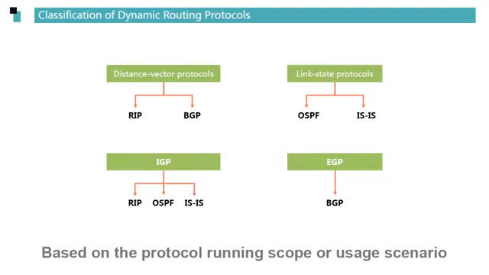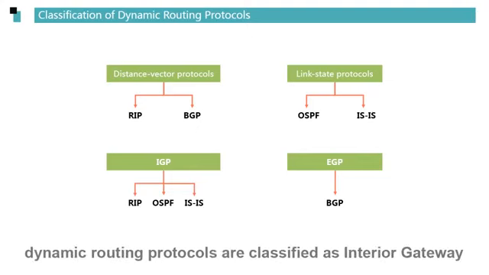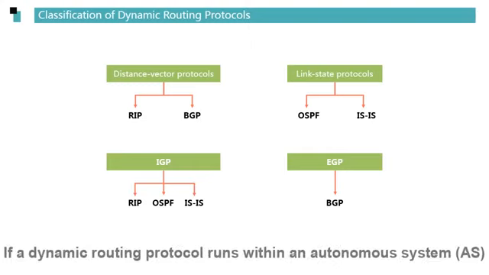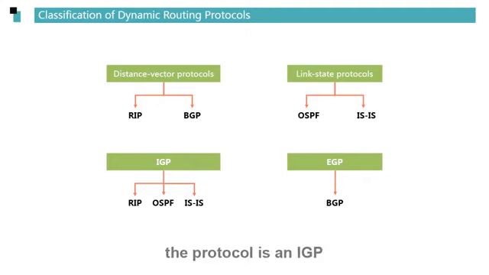Based on the protocol running scope or usage scenario, dynamic routing protocols are classified as interior gateway protocols, IGPs, or exterior gateway protocols, EGPs. If a dynamic routing protocol runs within an autonomous system, AS, the protocol is an IGP.